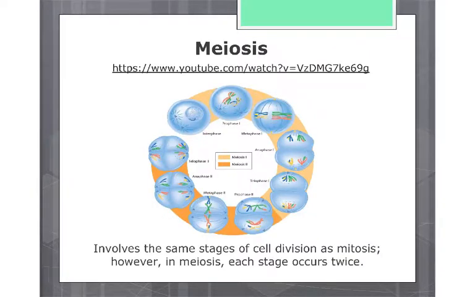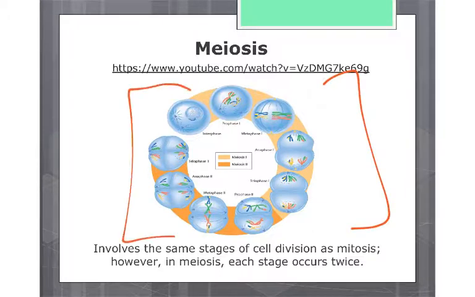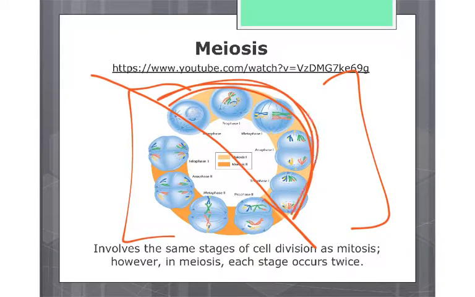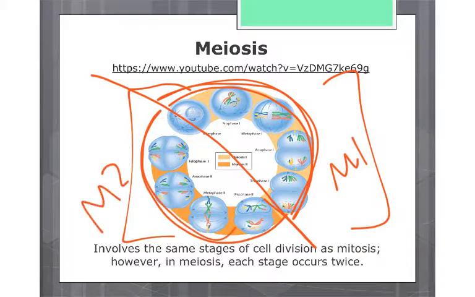So when we look at this, a very good diagram once you get to your Google form to try and identify some of these pictures, we can break meiosis up into 2 sections. This here is meiosis 1. Here is meiosis 2.